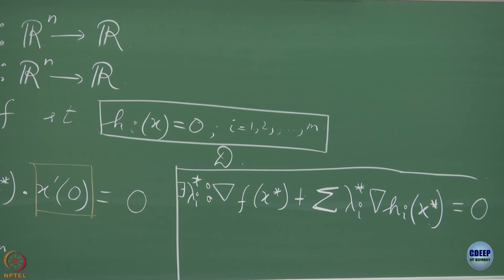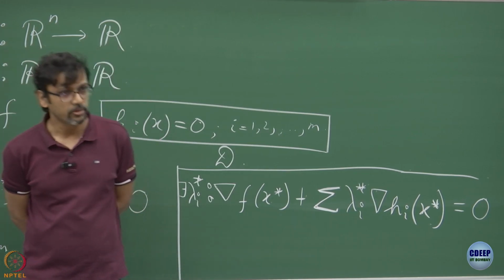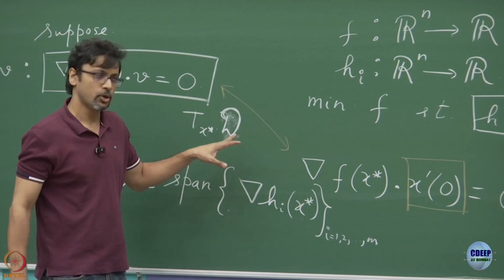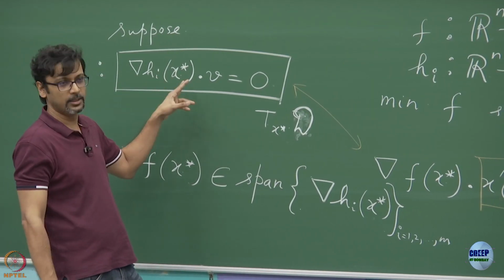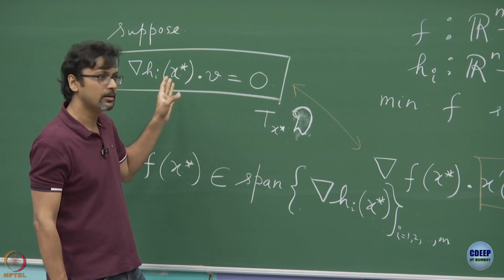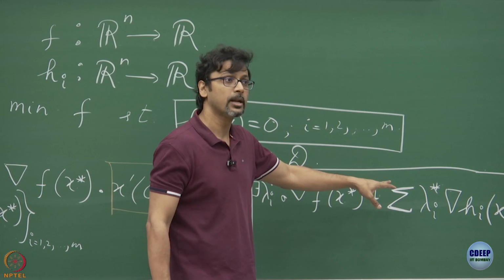And those who have done a preliminary course on optimization at some level would immediately recognize that these are nothing but the Lagrange multipliers, right? So what we have essentially shown you, of course, subject to a small little gap here, that we haven't proved the equivalence of the tangent space here, we've just done it in a slightly hand waving manner, but essentially what we have derived here is the condition with the Lagrange multipliers.